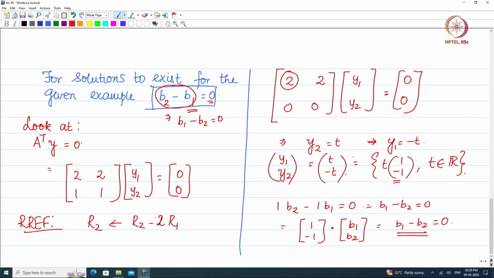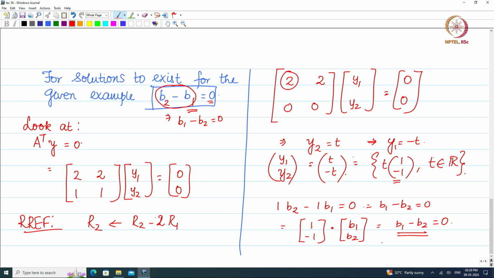This is exactly what we saw in the previous lecture, where we said the null space of A transpose and the column space of A are orthogonal to each other. So if you want a vector to be in the column space of A, then its dot product with the vectors in the null space of A transpose must be 0.